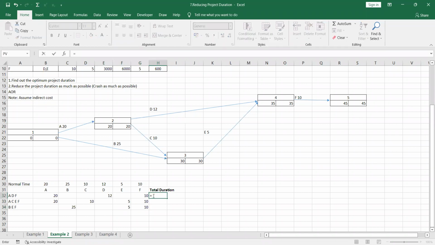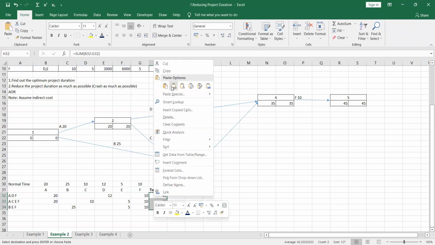So after writing down all this duration, you can take the summation of each of these paths. So I'm getting the summation here. It is 42 for the first, and 45 and 40. So check whether you are getting this value.